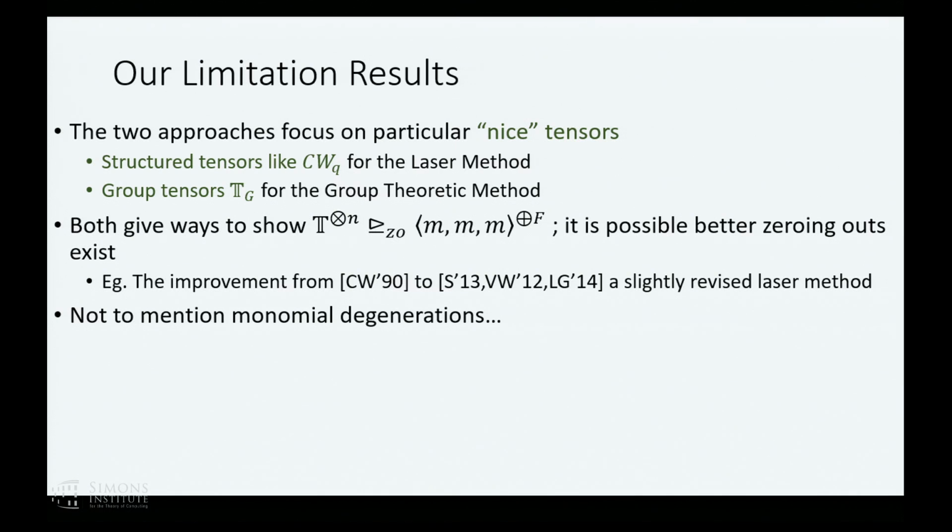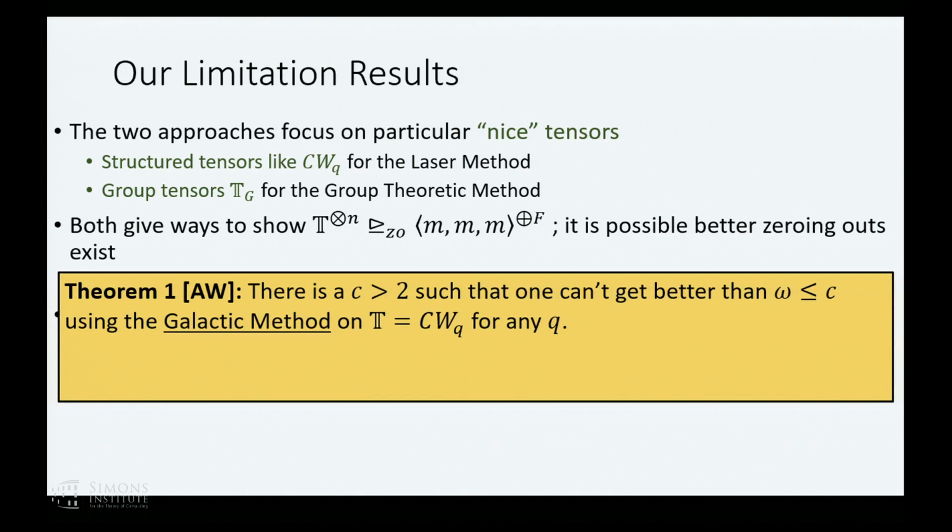So then our results are limitations on how big matrix multiplication tensors you can actually find in powers of these tensors. So our first main result, Virginia mentioned earlier, is that there's a universal constant C bigger than 2, such that you can't get a better bound on omega than C using the galactic method, these monomial degenerations applied to Coppersmith Winograd tensors for any Q.